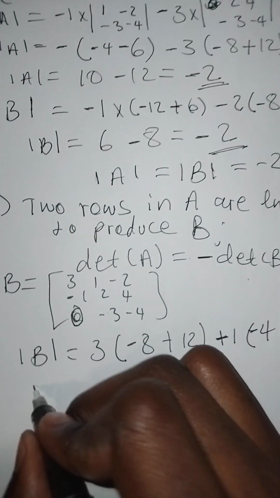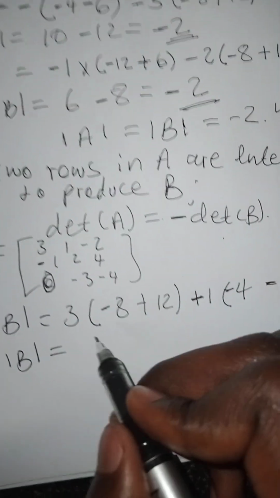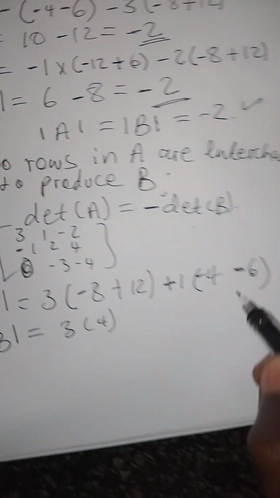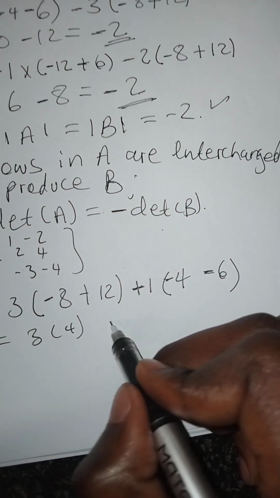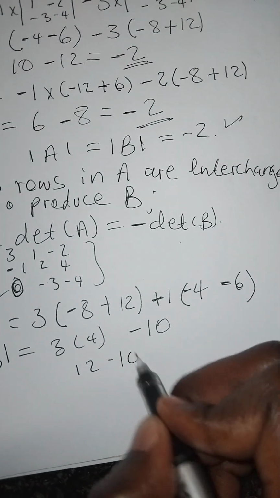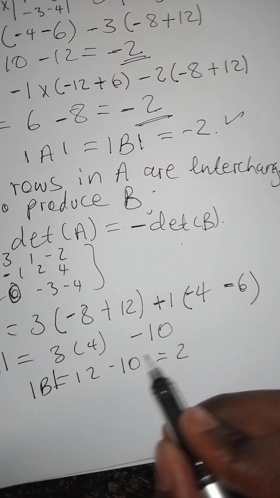So the determinant of B simplifies to 3 by 4, which is 12, minus 10, that is equal to 2. So basically the determinant of matrix B is 2.